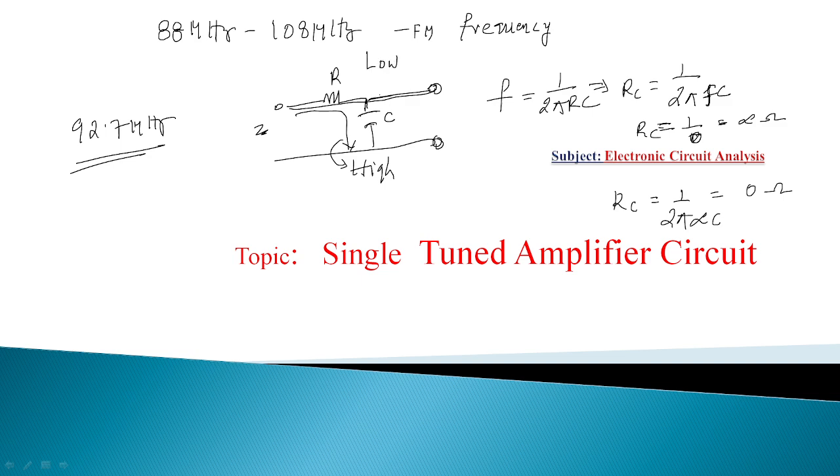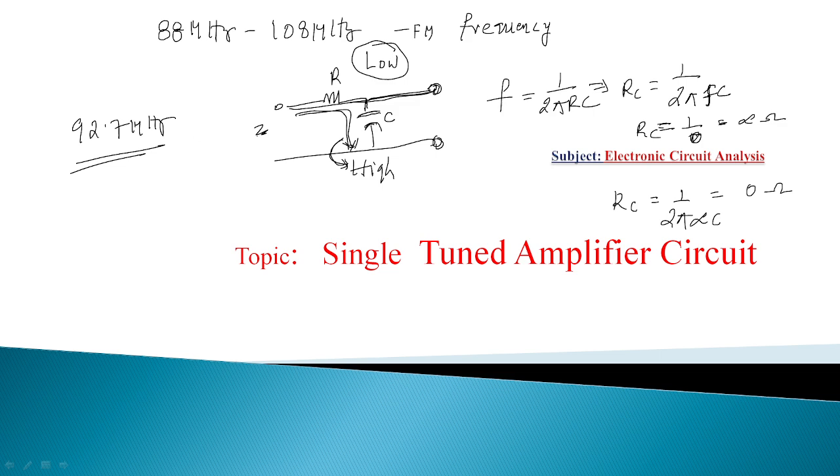While giving the low frequency, the impedance is infinite, so it allows the signal towards the output side. While giving high frequency, the impedance is 0, so it allows the signal towards ground. So it acts as a low pass filter.